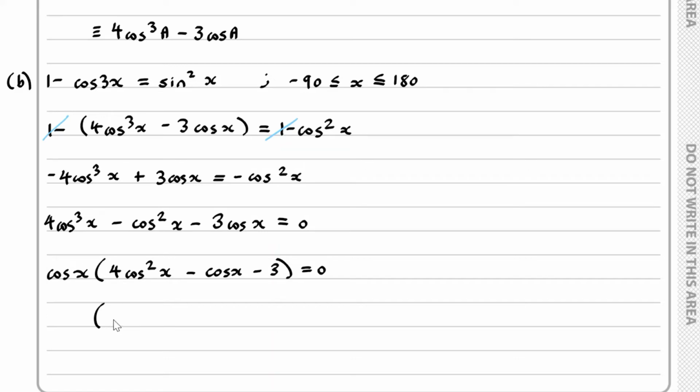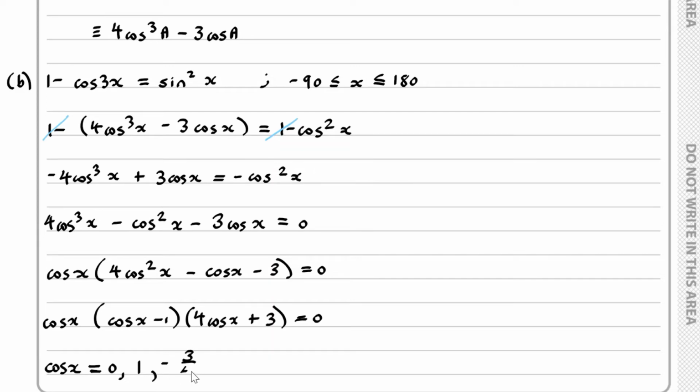We can factorize this as cos x minus 1 lots of 4 cos x plus 3. And then we still have this cos x over here. And all this is equal to 0. So what we can hopefully see here then, that cos x is either equal to 0, it's either equal to 1, or it's either equal to minus 3/4.